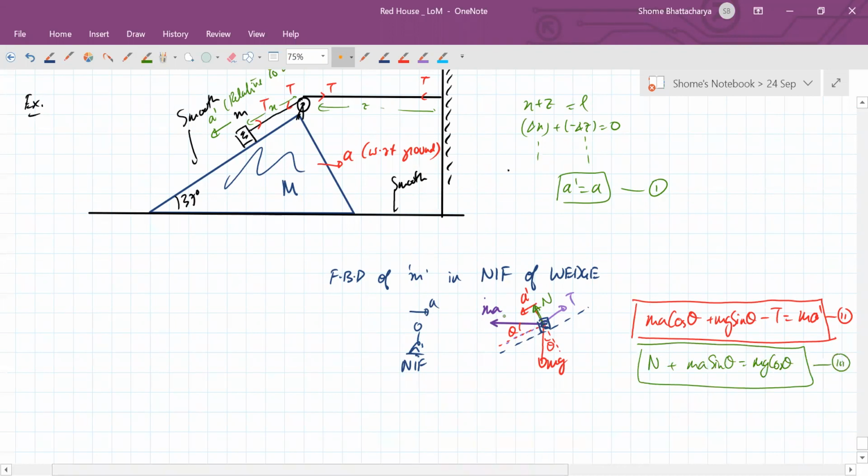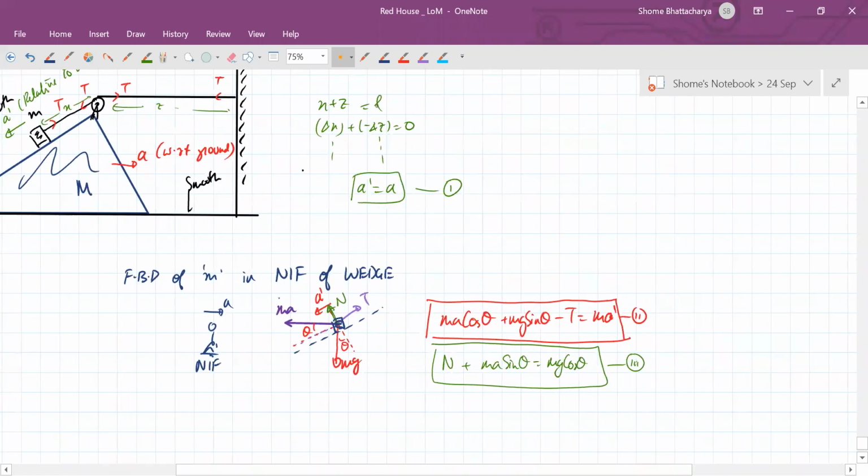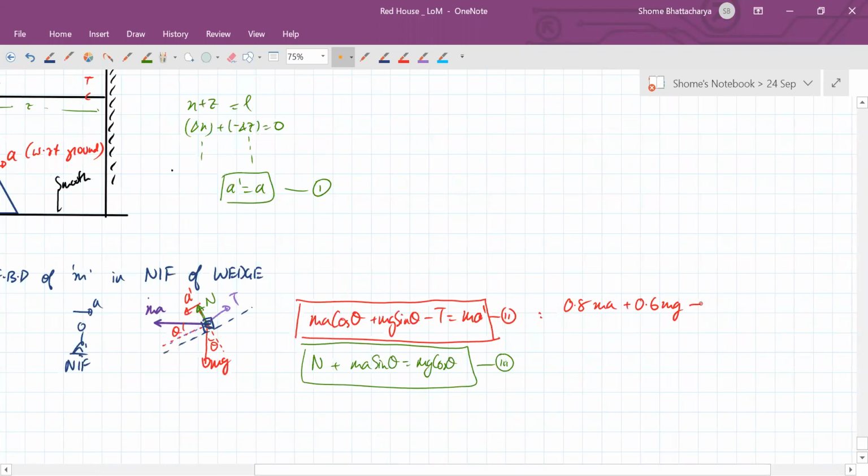Okay. So if you write these equations numerically, they'll become like this. This one will become cos 37, so 0.8 MA plus 0.6 mg minus T is equal to MA, because you are substituting A prime is equal to A. Okay, so this is one equation, and the other is that N is equal to 0.8 mg minus 0.6 mA.